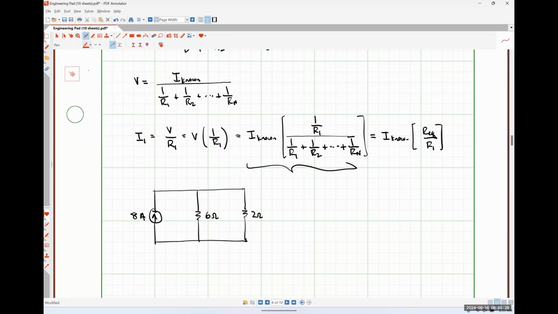I'm going to define the current flowing through the 6 ohm resistor as down, and the current flowing through the 2 ohm resistor as up, just so that we can pay attention to a couple of things.